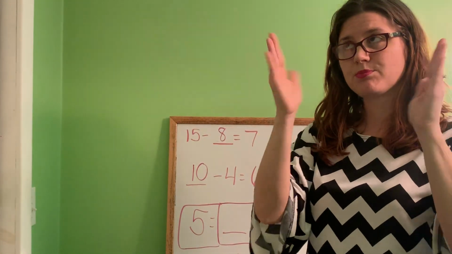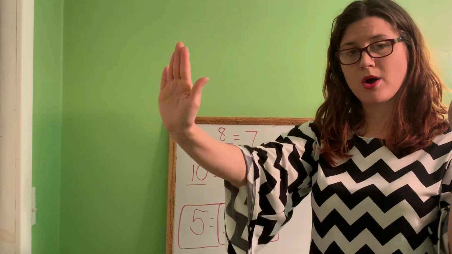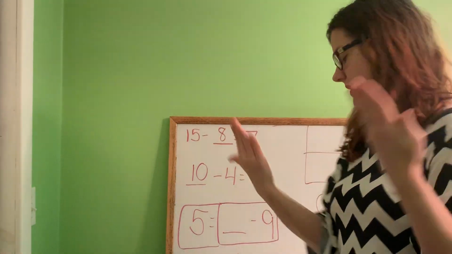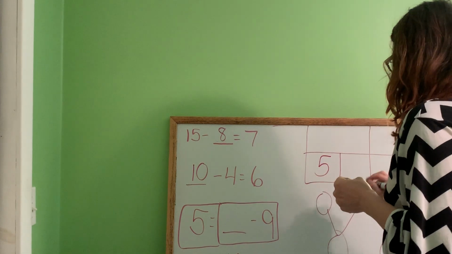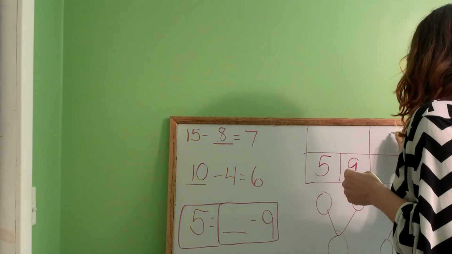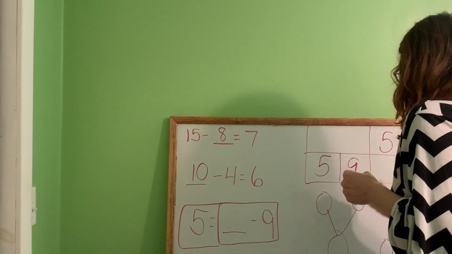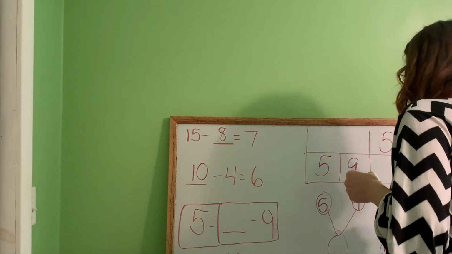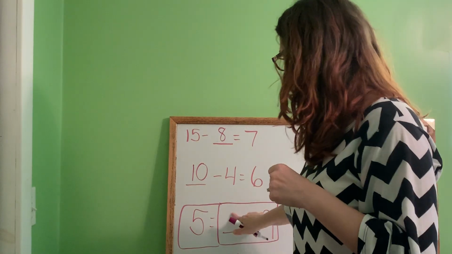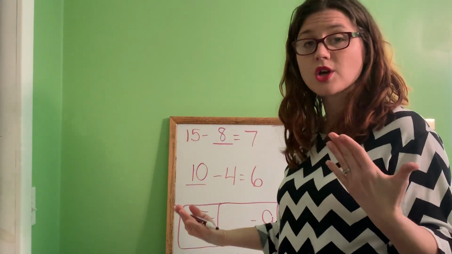Well, in this problem, it was a part. We separated them. So if we're thinking of that, we're going to say 5 of my starbursts were blue and 9 were yellow. And so for this problem, we're really finding our total of all the starbursts.